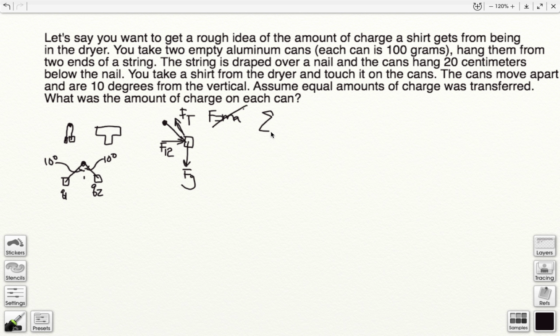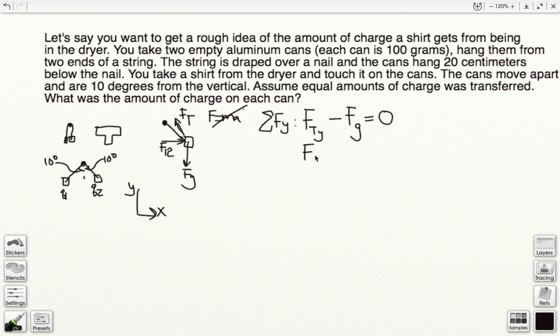So I'm going to first write our balance of forces in the y direction. Remember, here's our coordinate system. With the tension force, part of that force is in the y direction, part of it's in the x direction. The part in the y direction is positive, and then we have minus the force of gravity. Gravity's pointing downward, and that's equal to 0.